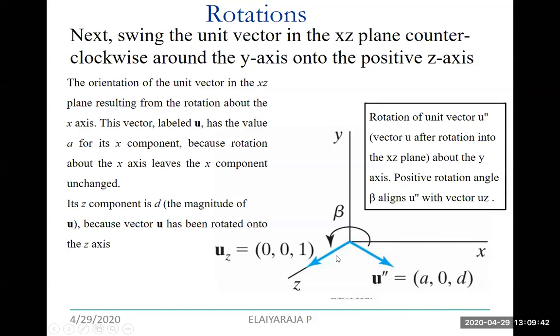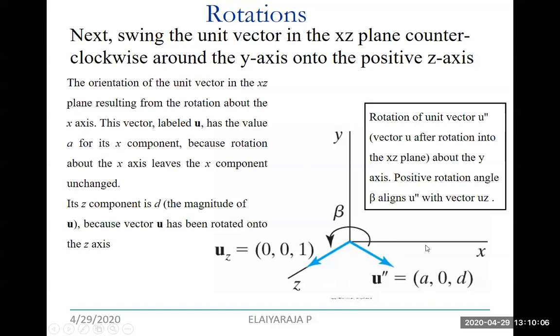Okay, so initially what is the value? a comma b comma c. We are rotating with respect to the z axis. First we have taken the yz plane. In the yz plane, the result with respect to u dash is 0 comma b comma c. Why?